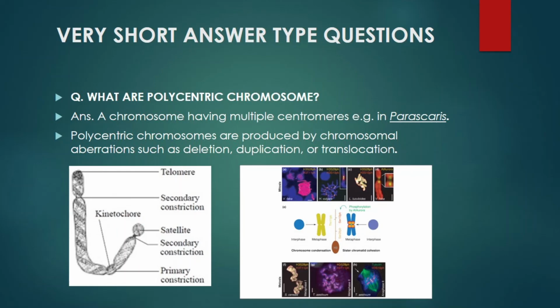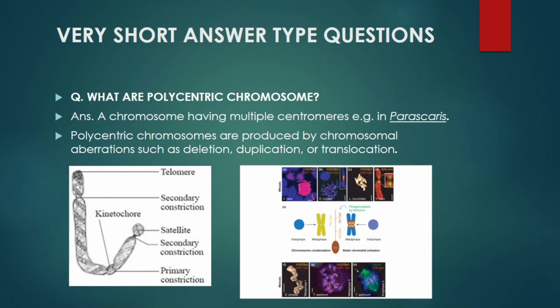is called a polycentric chromosome. Okay, an example is present in organisms like Parascaris. Parascaris has this type of chromosome, and polycentric chromosomes are produced by chromosomal aberrations such as deletion, duplication, and translocation.